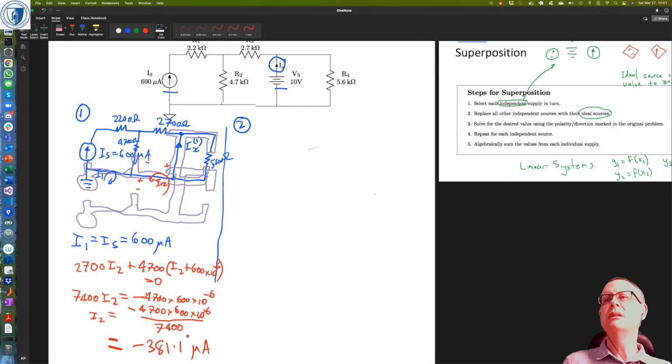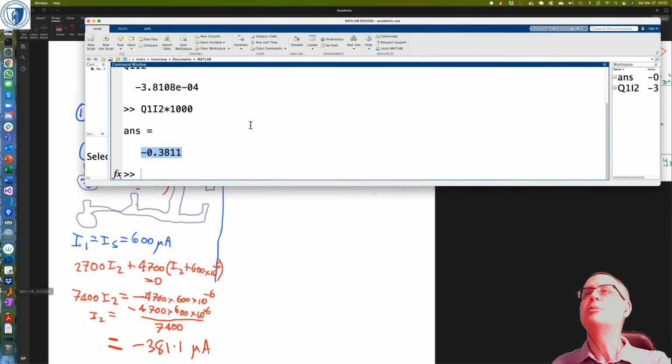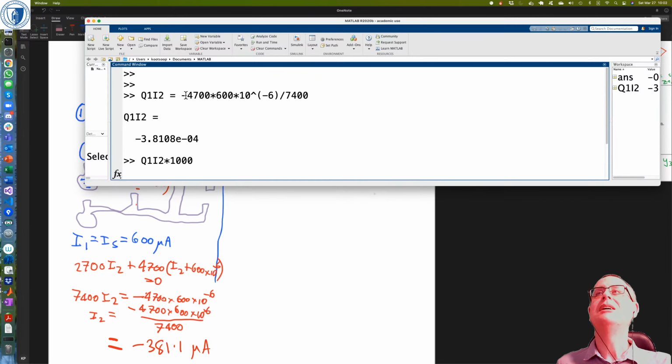Okay. All right. I'm not sure. I think I got it right. Let me just check that I typed it into MATLAB. Right, so minus 4700 times 600 by 10 to the minus 6 divided by 7400. I think that should be okay.